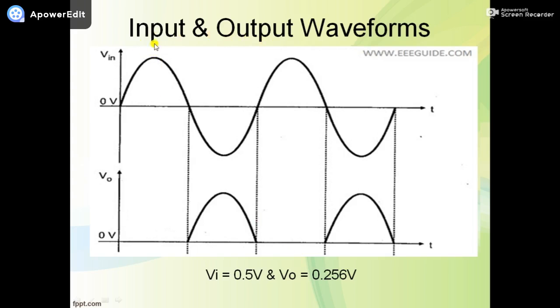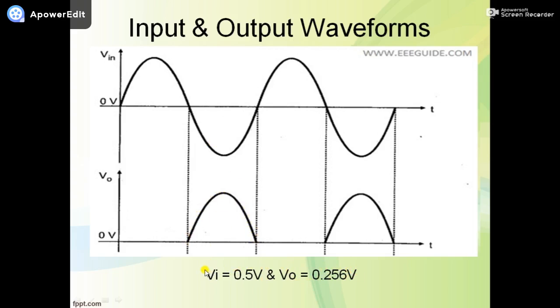So here are the input and output waveforms. In the operation of the rectifier circuit, I told that during positive half cycle, output is 0 because D2 is reverse. Okay. During negative half cycle, we are getting some amount of voltage because D2 is forward.